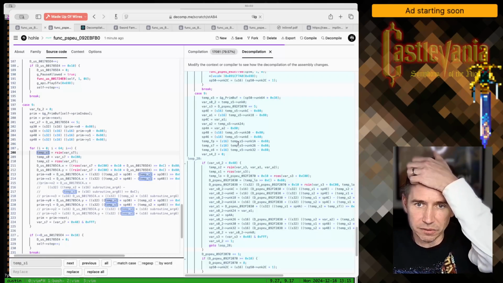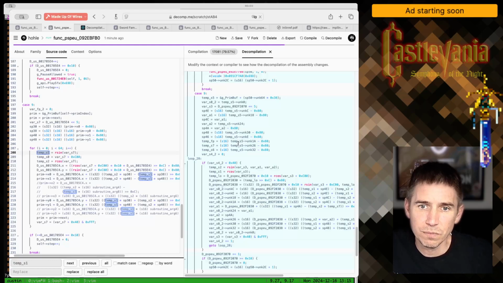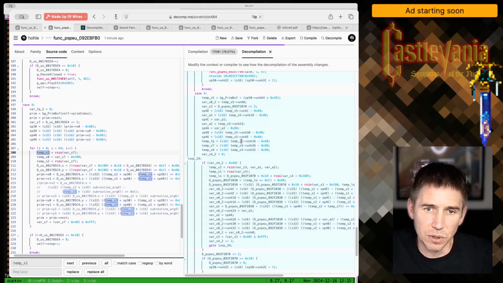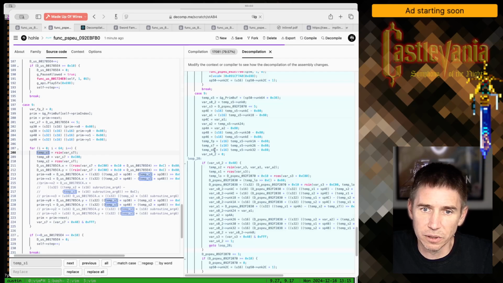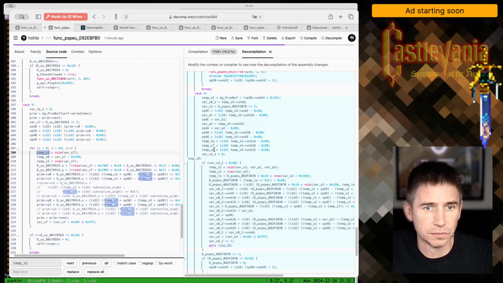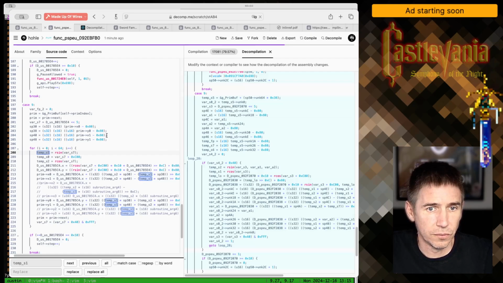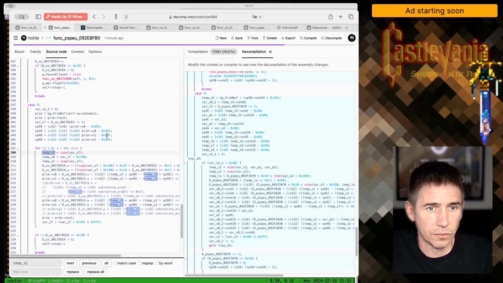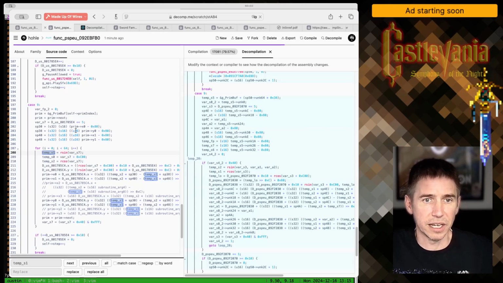So I'm gonna rename these just X0, X1, X0 offset, Y0, Y1 offset. And we should be able to get rid of most of the casts there too.